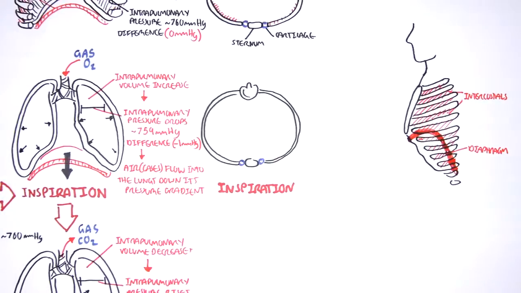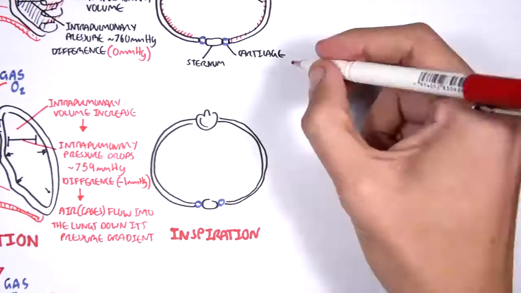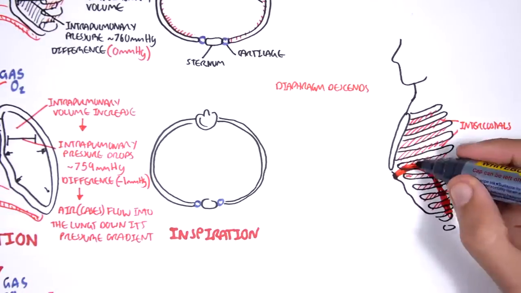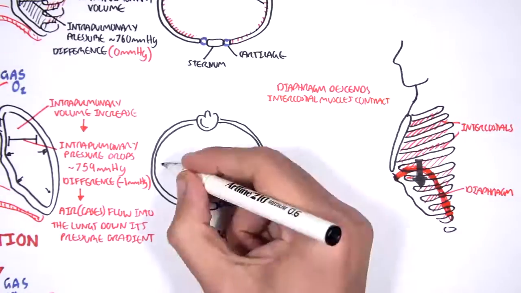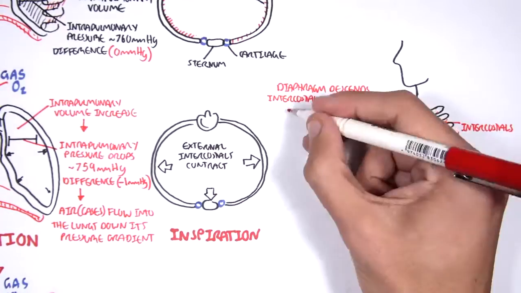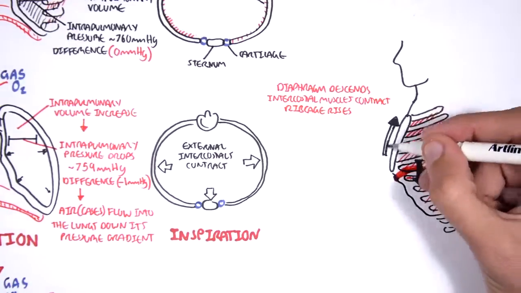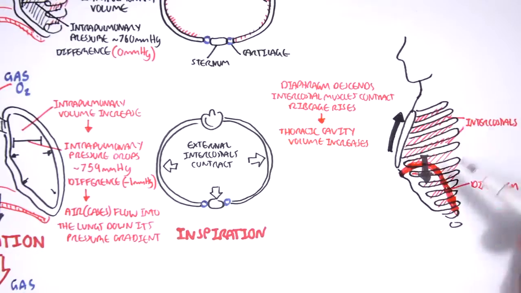So in inspiration, the diaphragm will descend and the intercostal muscles will contract like so. And this will essentially expand the rib cage, and the rib cage will rise. This will cause the thoracic cavity volume to increase.